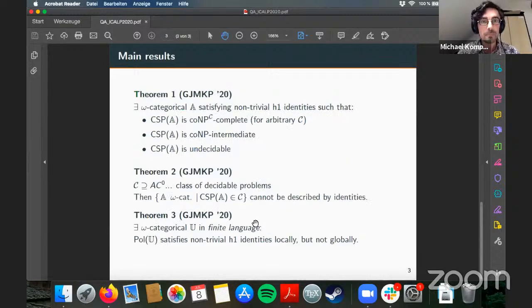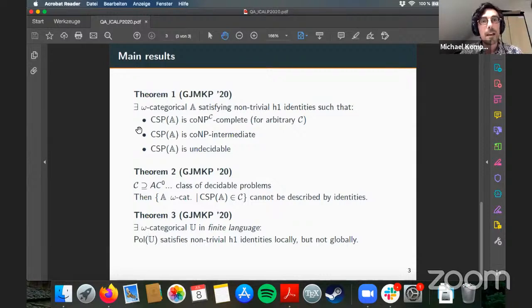So the first theorem I already mentioned: you can construct structures that are algebraically well behaved in the sense that they satisfy non-trivial height 1 identities, even on a global level, and that have basically arbitrary complexity.